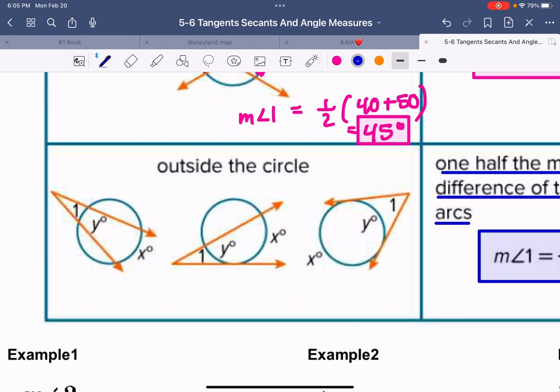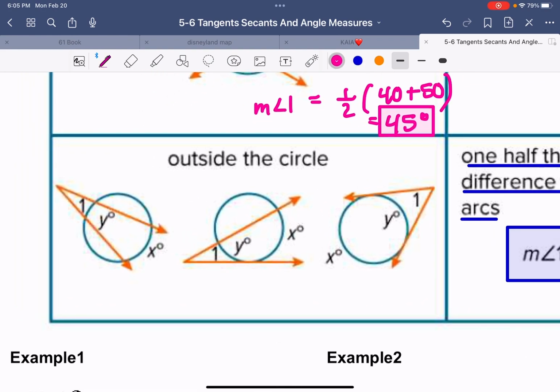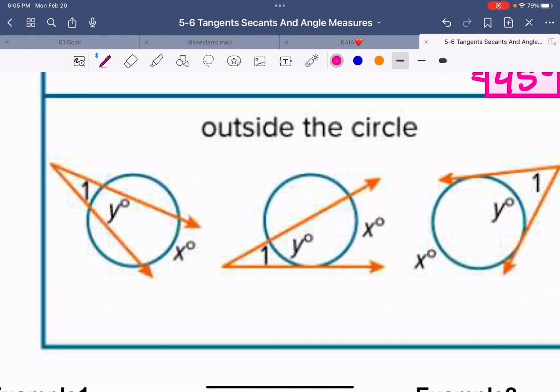Okay. So when you look at this picture, for instance, this first one, x is the bigger intercepted arc. This y, let me use a different color, is the other intercepted arc.